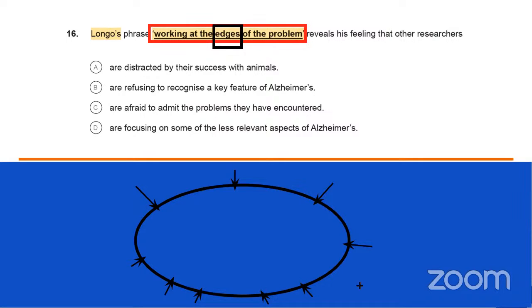For example, there is a flood in Andhra. Many people are working from the edges. What does it mean? They are sending food, money, some things.